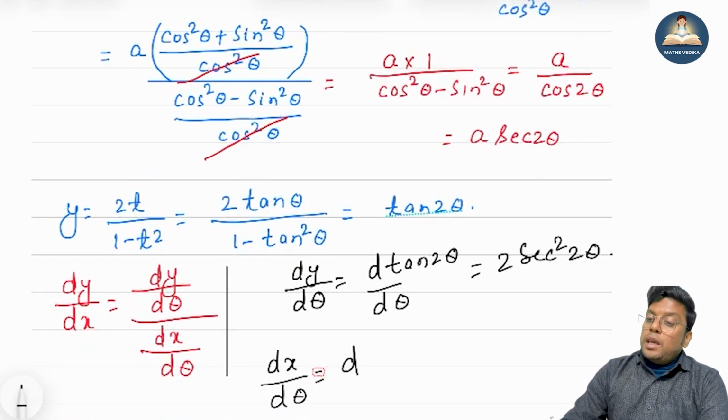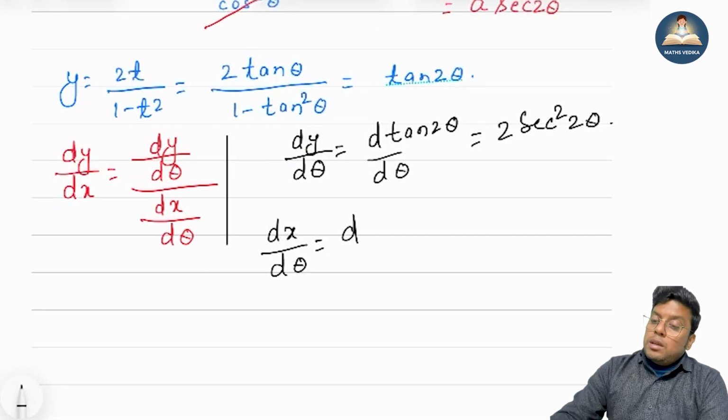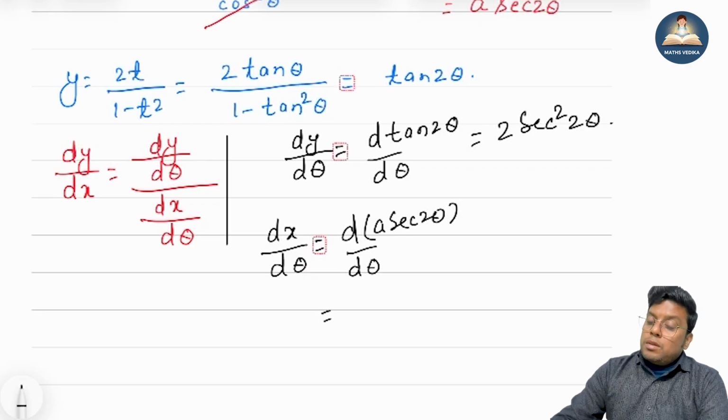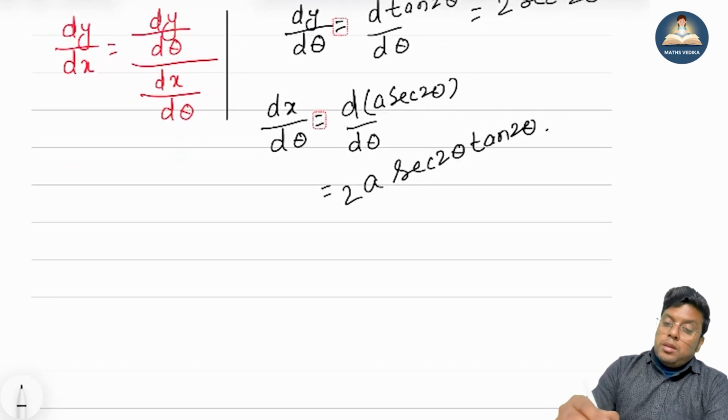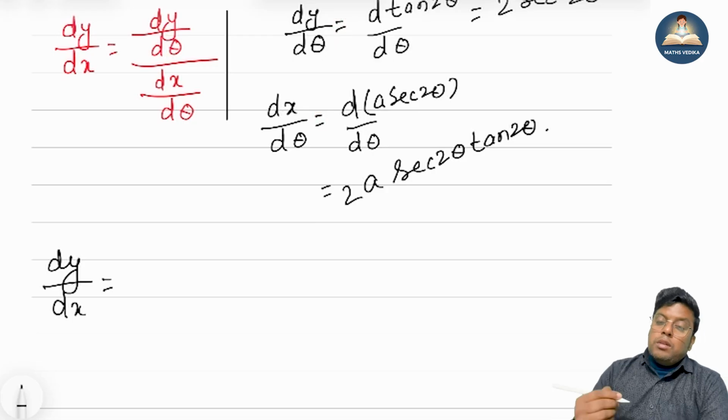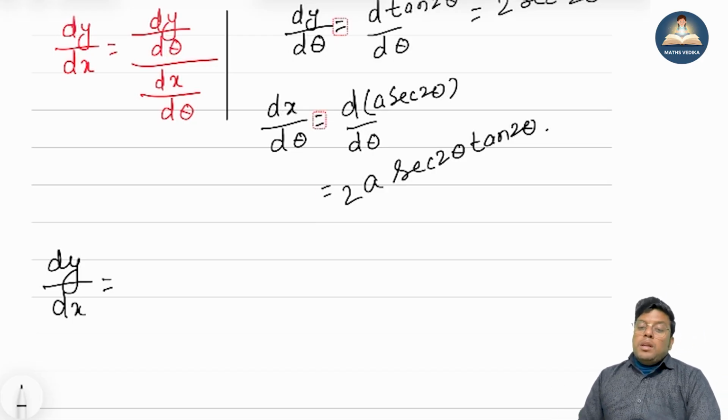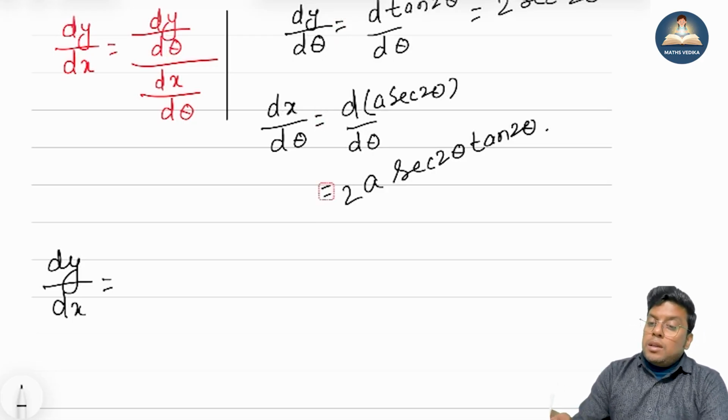And differentiation of x with respect to theta: x is a sec 2 theta, and the differentiation of a sec 2 theta with respect to theta is equal to 2a sec 2 theta into tan 2 theta. So for dy by dx, let's put the values of dy by d theta and dx by d theta.